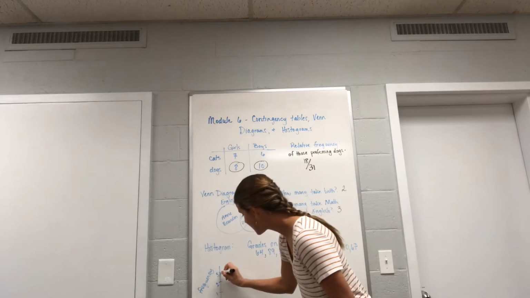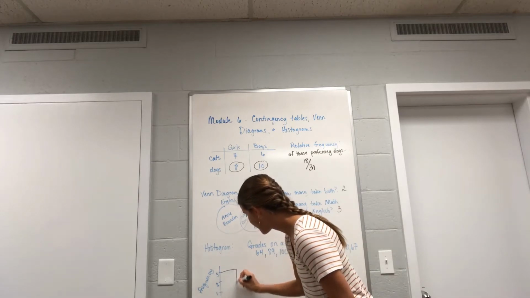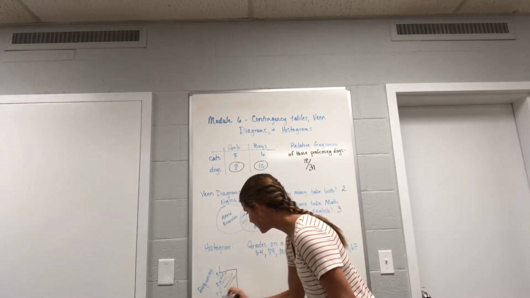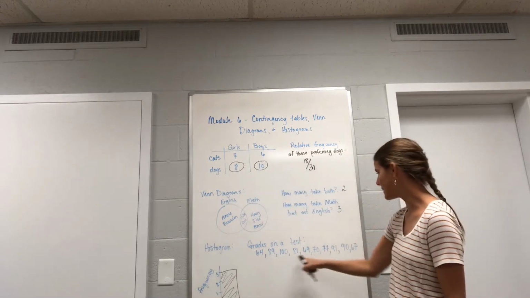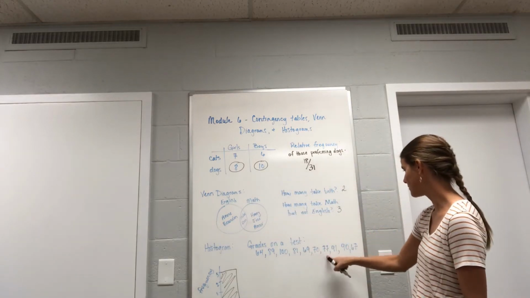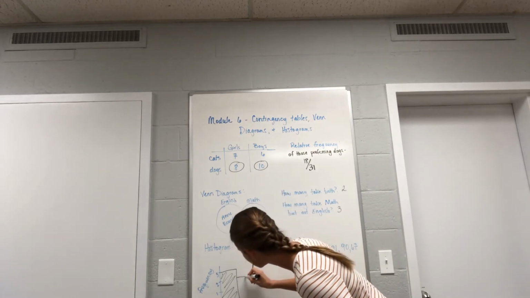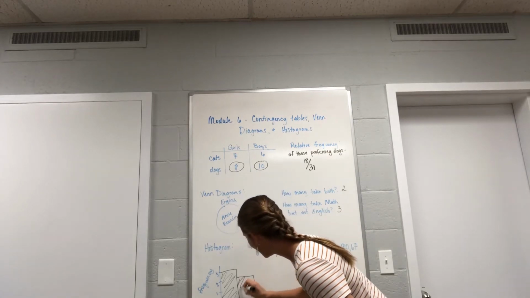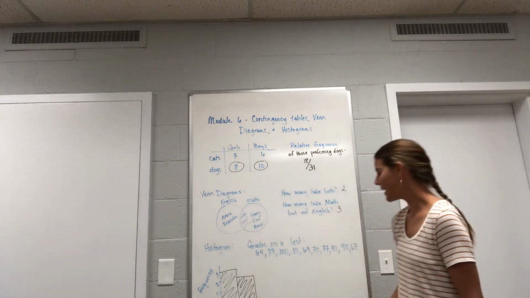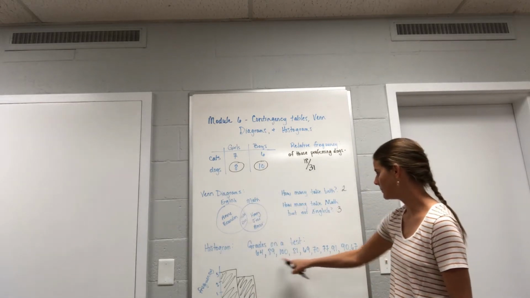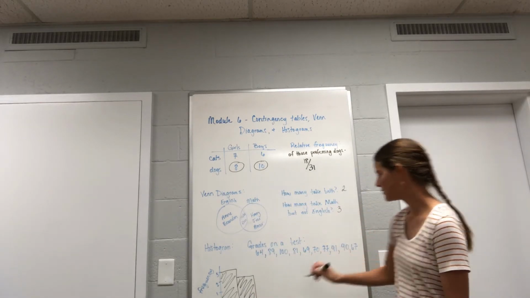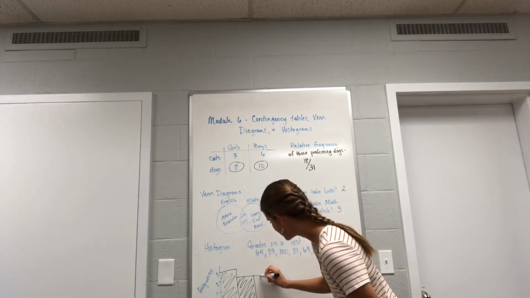We're going to go up to 3, and we're just going to shade that in. Then the 70s, we have 1, 2. So we're going to go up to 2, and I'm going to come right alongside that, so it looks like this. And then 81 to 90, we got 2 of those, so we're going to come over and do 2 for that.